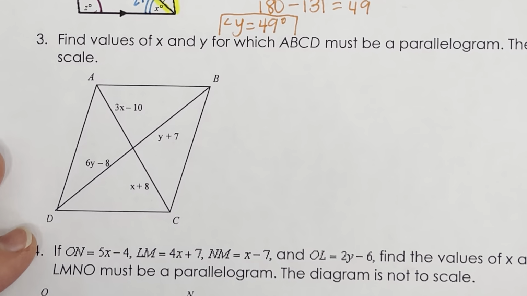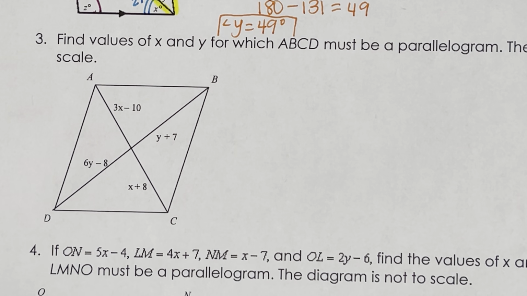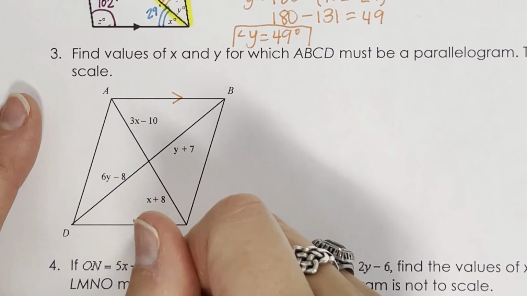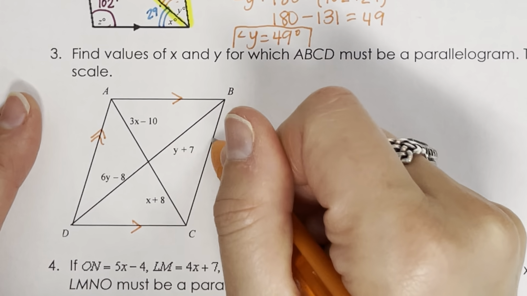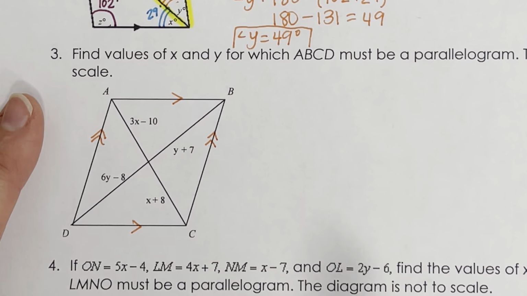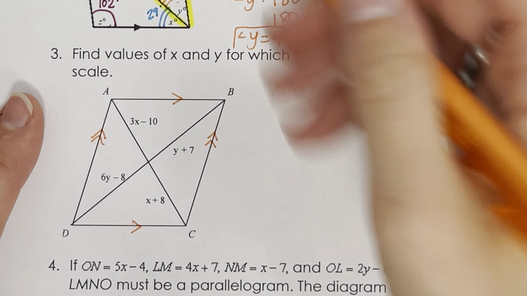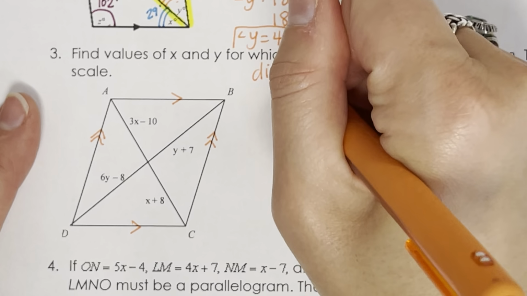Number 3, find values of X and Y for which this must be a parallelogram. The diagram's not to scale. Now, in a parallelogram, I've got parallel lines, so I'm going to mark those. I also know that these pieces here, AC and DB, are diagonals. In a parallelogram, diagonals bisect each other.